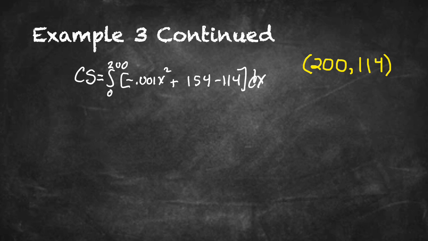And when there's a positive difference, the consumers are going to be happy because they're saving money. So we're going to take the demand function and subtract the price and then integrate from 0 to 200. So the demand function is negative 0.001x squared plus 154, and then we have to subtract the price, which is 114.